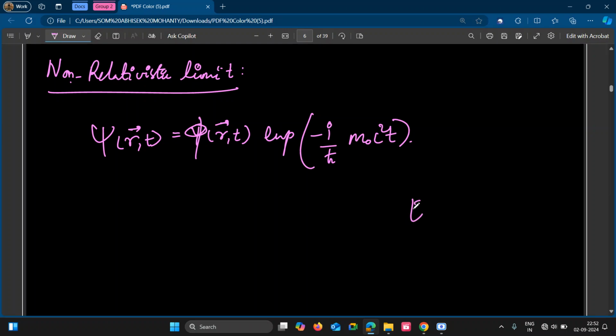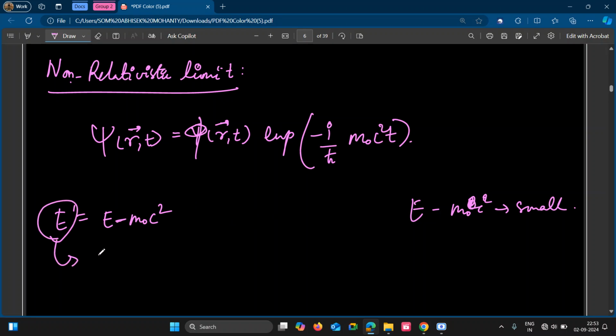So we can define E dash equal to E minus m naught c square, and this kinetic energy E dash is non-relativistic, which means that E dash is very small compared to m naught c square.